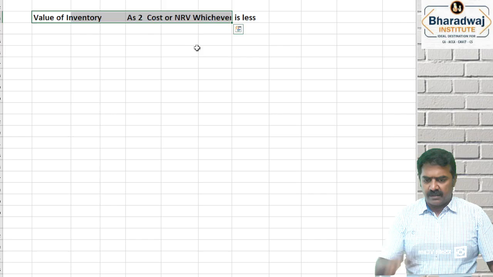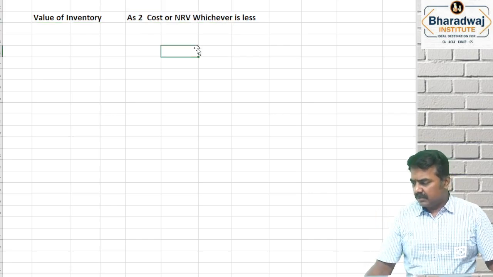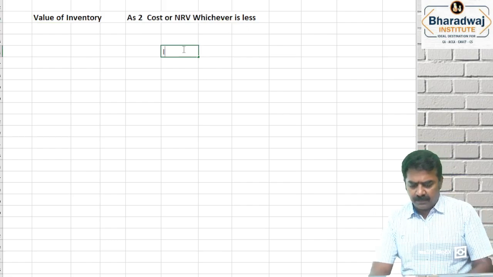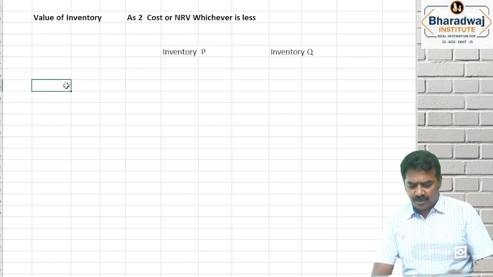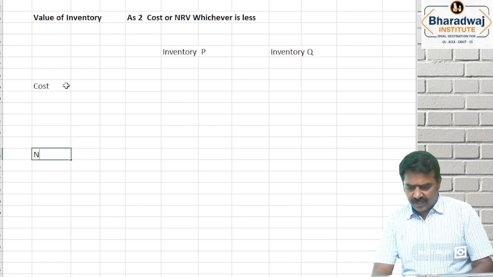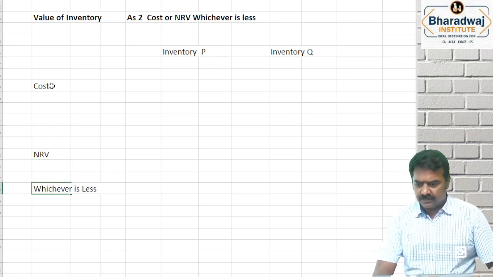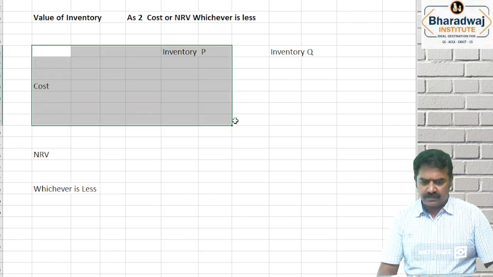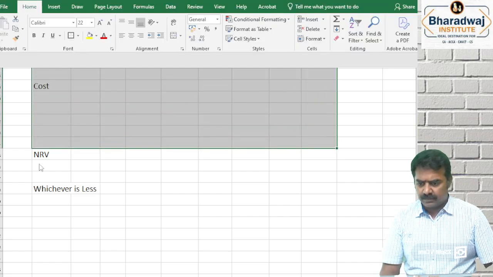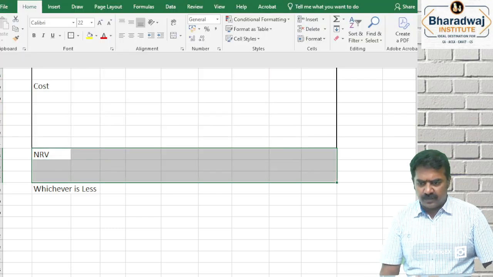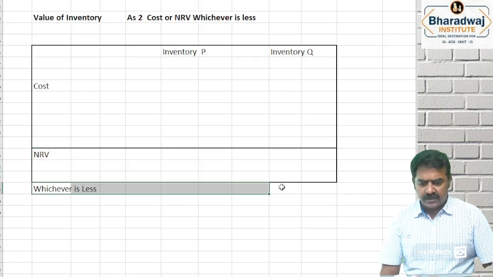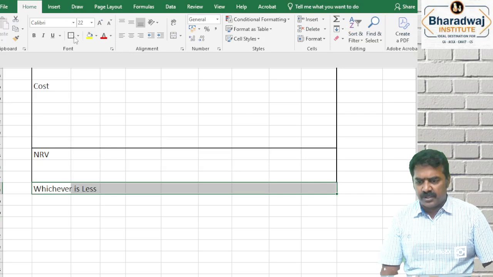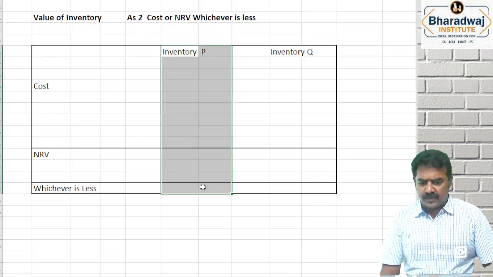There are two items of inventory, inventory P and inventory Q. Try to work out the cost and net realizable value, whichever is less. That will be taken for the trial balance. Work out the Indian currency value. This whichever-is-less valuation should be done in Indian currency, and that we will take for the trial balance.